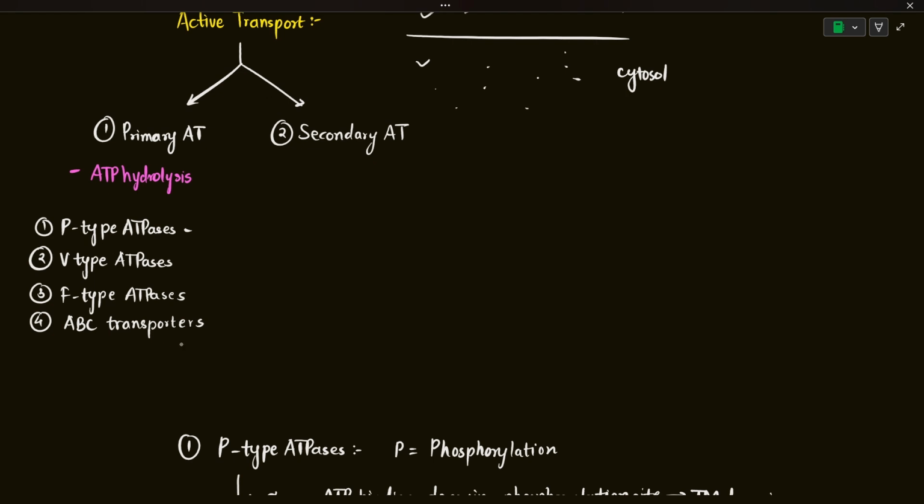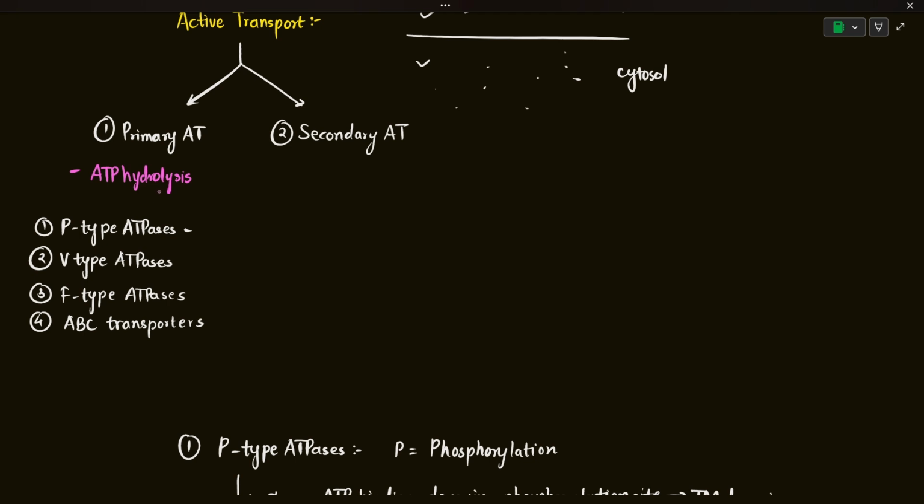As discussed, primary active transport uses ATP hydrolysis. By using ATP, the concentration gradient is set across the membrane, and setting that gradient requires ATP hydrolysis.